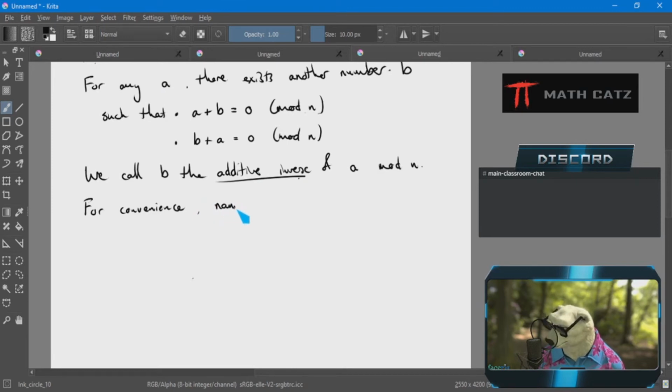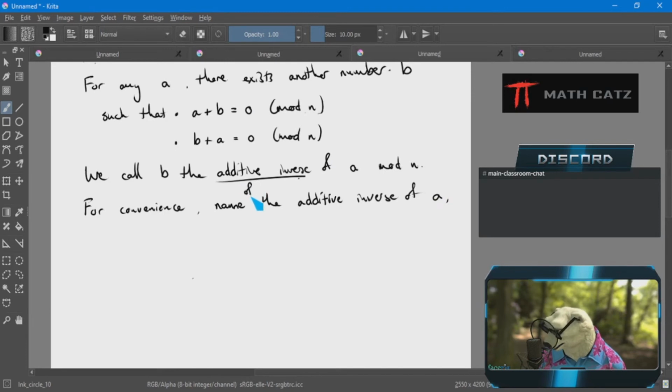So another convenient name for the additive inverse of some number that's called A. Now my sentence doesn't sound very good.